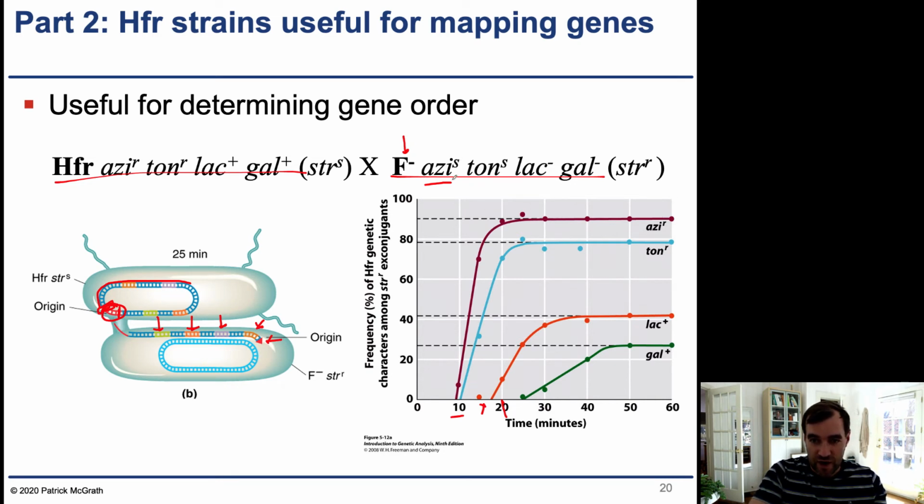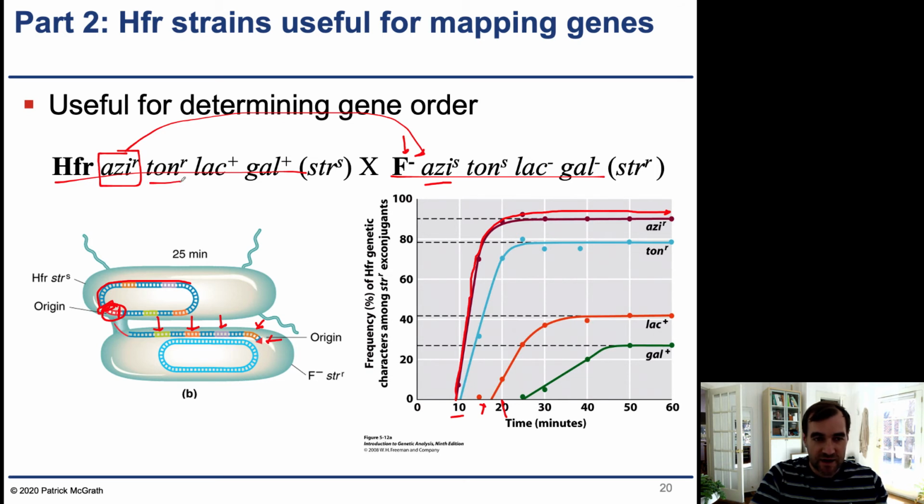The only way this cell will be resistant is if this piece of DNA actually exchanges into the genome. You notice that occurs first. So this phenotype right here is the first one to change. Sodium azide resistance is the first one to occur, and you'll also notice it goes up to the highest amount.